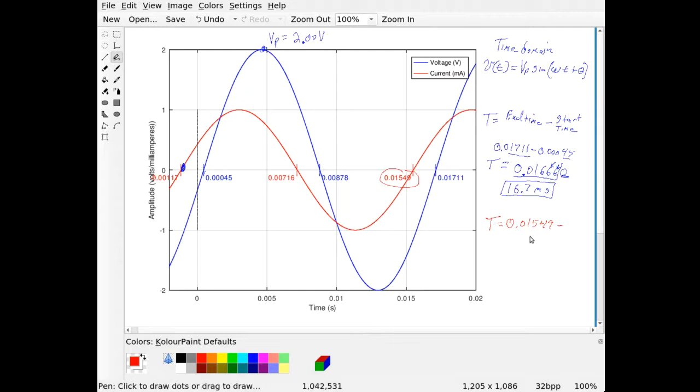So 0.1549 minus a minus 0.00117 seconds.